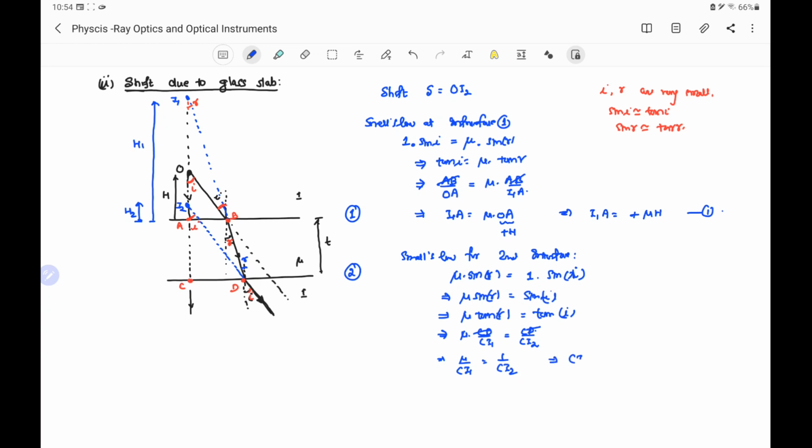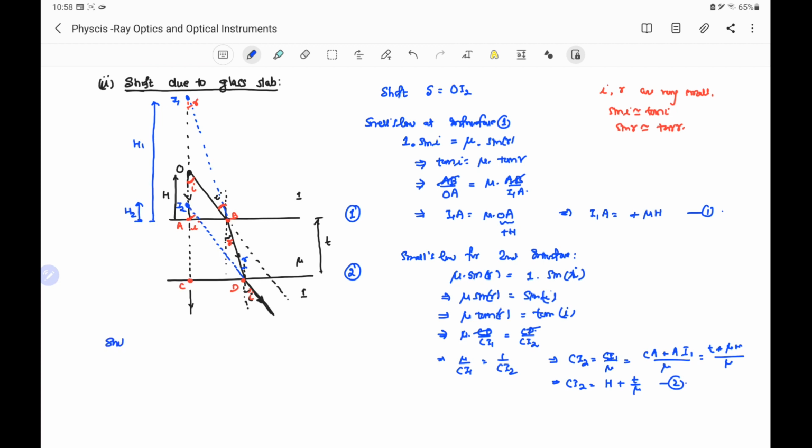This implies that CI2 is equal to CI1 by mu, and this CI1 is CA plus AI1, by mu. Because CA is T and AI1 from equation number 1 is mu h, it is T plus mu h by mu. Therefore, we can write CI2 is equal to h plus T by mu. This is our equation number 2.